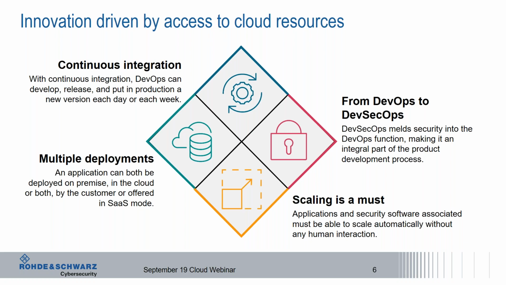So we see more and more DevOps, and the new idea is to involve security also in the same team, so to have developers, security people and operations people within the same team exchanging information.